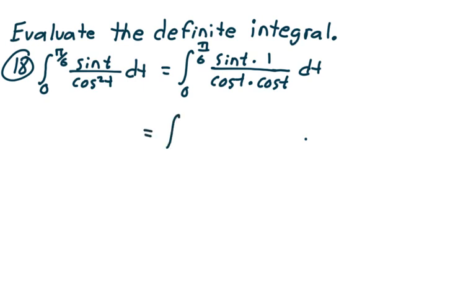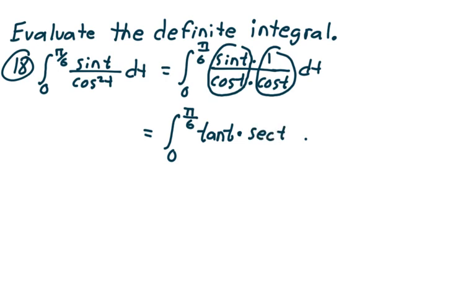Now, sine of t divided by cosine t is equal to tangent t. 1 divided by cosine t is equal to secant t dt. And so this is equal to secant t, because that's the function whose derivative is secant t tangent t. And we're going to evaluate that from 0 to pi over 6.